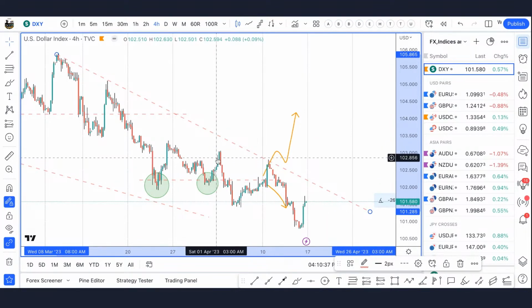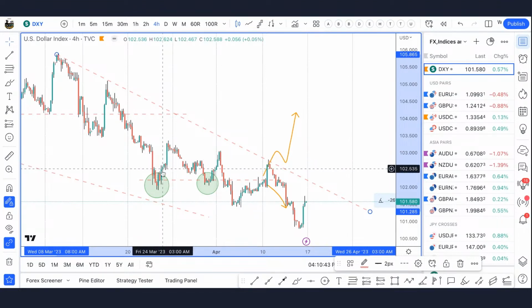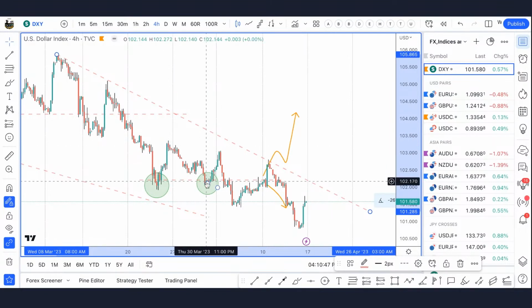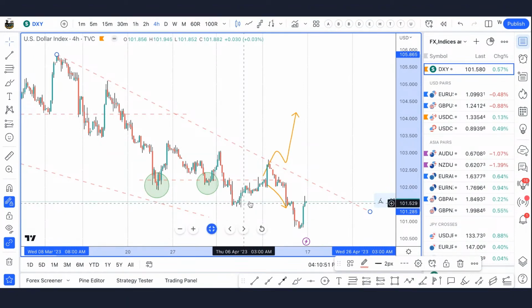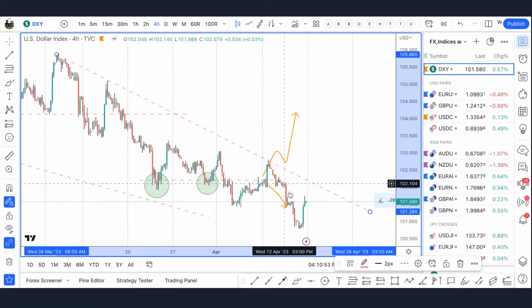But if you have noticed, for the past 2 or 3 weeks, you can see there's always a push for it to come back down again to a certain level. So just be mindful that maybe on Monday, Tuesday, it will just push out and then come back down again. But this type of pattern might or might not happen again.